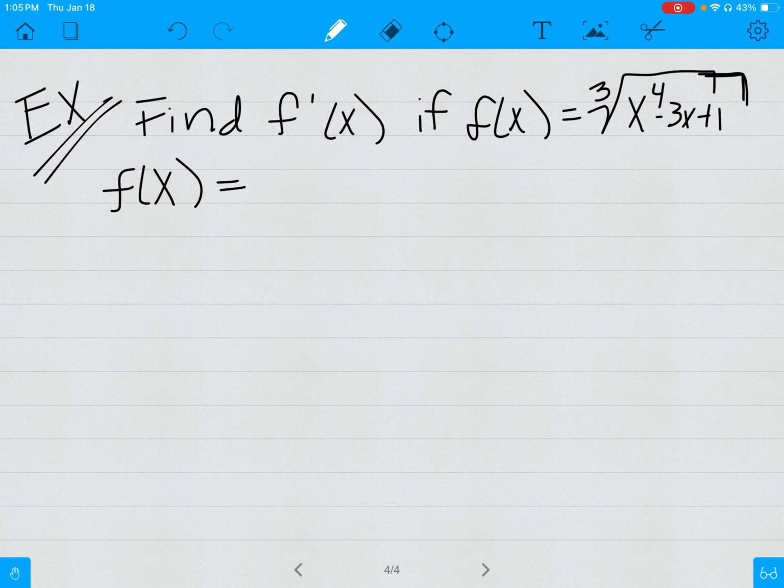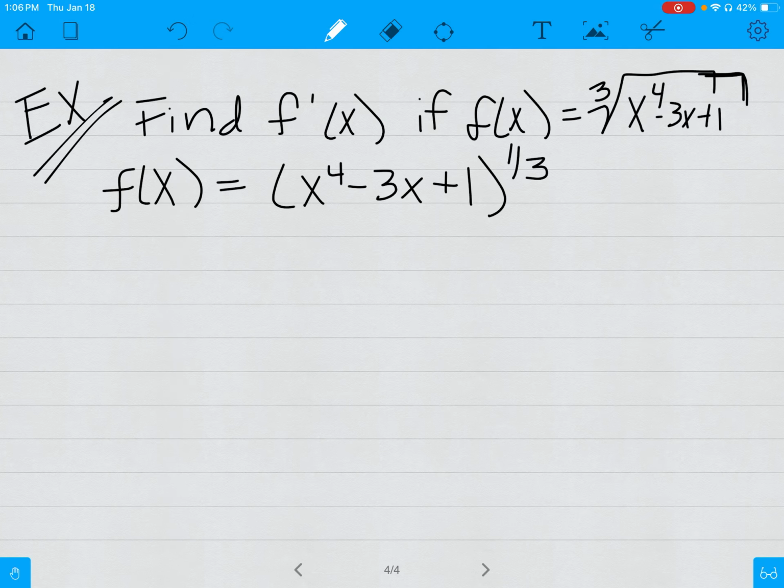So cube root of x to the fourth minus 3x plus 1 is the same thing as x to the fourth minus 3x plus 1 to the 1/3 power. And that just makes it easier, I think, to find the derivative, because then it's really clear that we take the power, we bring it down front, we subtract 1 from it, right? It's our normal derivative stuff.